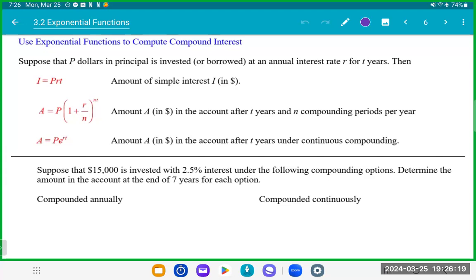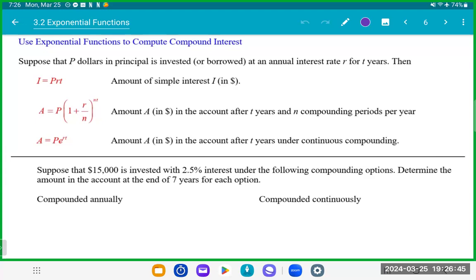That second formula, though, is if I want to compound so many times a year, maybe I say I'm compounding monthly, right? If I'm compounding monthly, that means I get 12 calculations in a year. And so that is my n, the number of compounds per year.